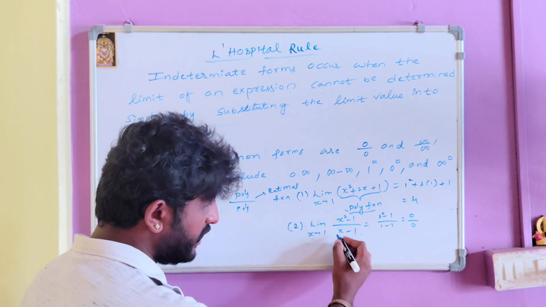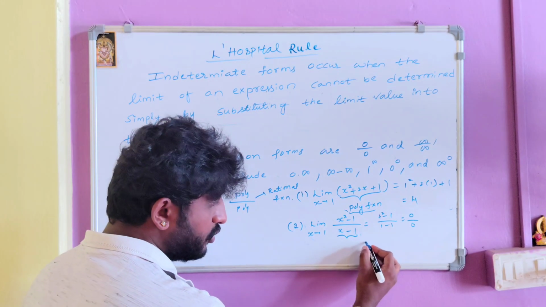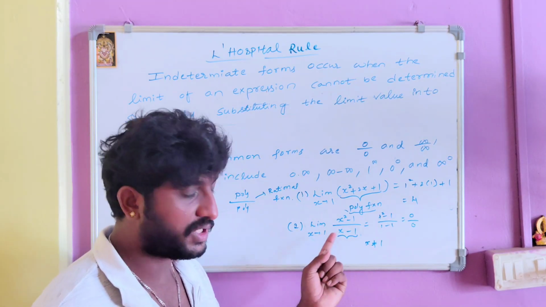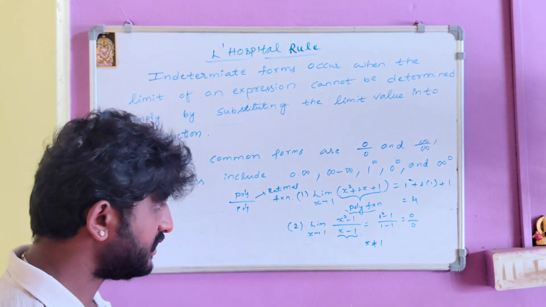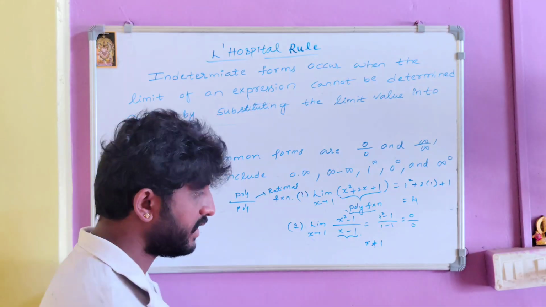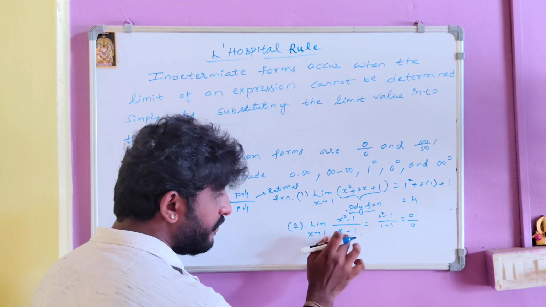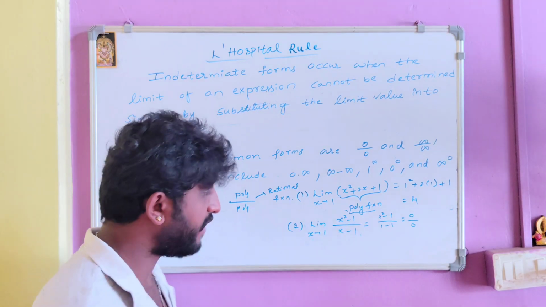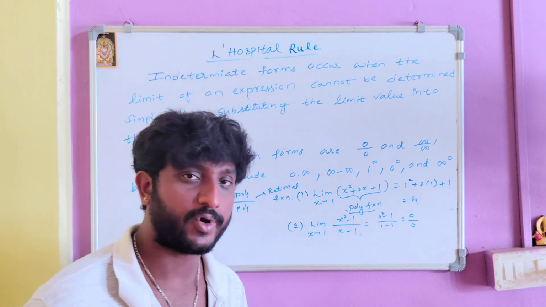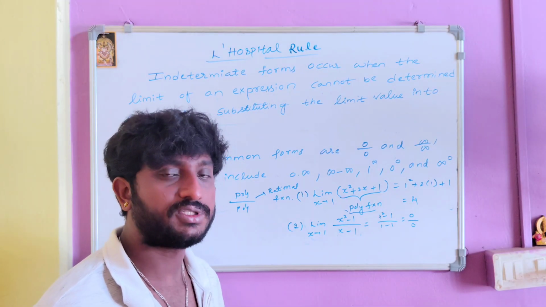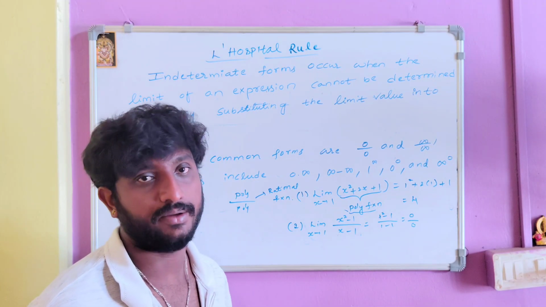We know that the denominator should not be equal to 0, then only the function is defined, otherwise the function is not defined. If we want to find the approximate value, the limit is nothing but finding the approximate functional value.